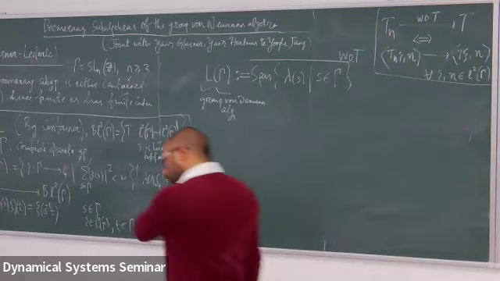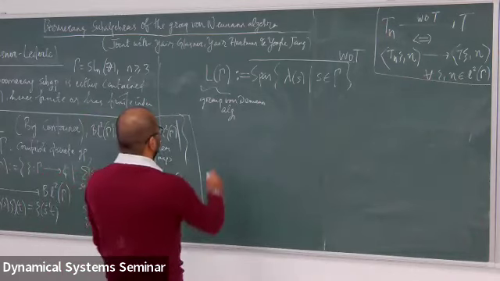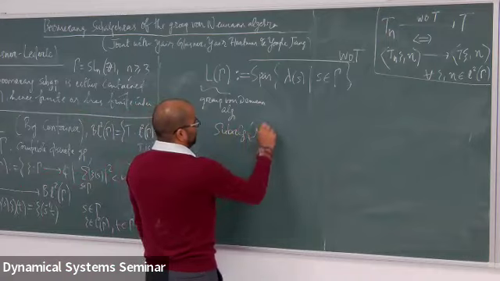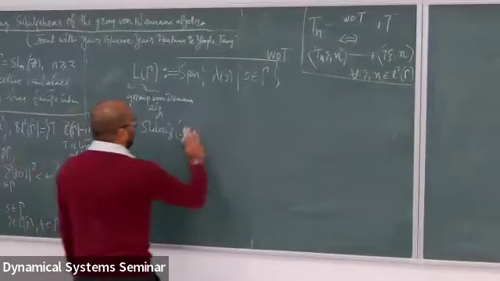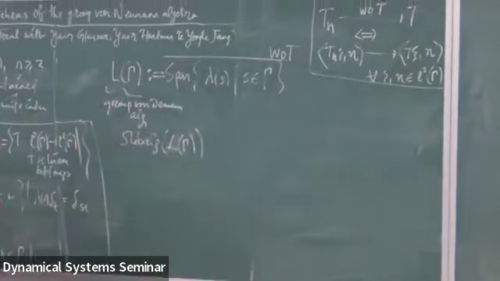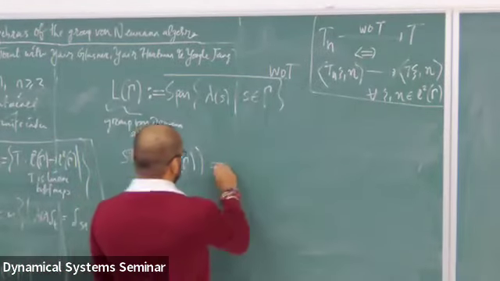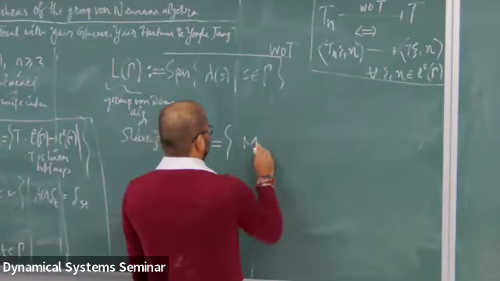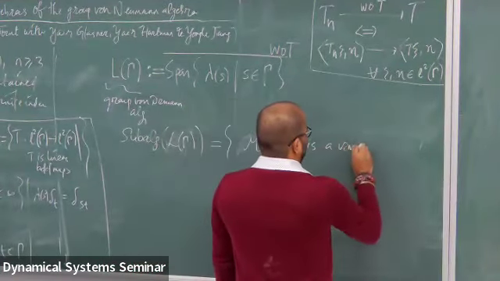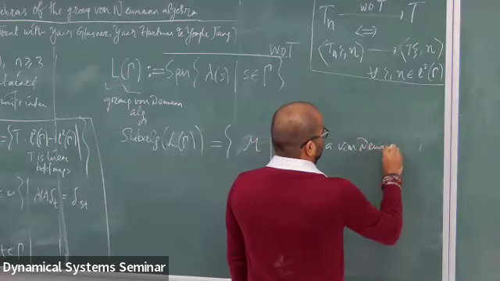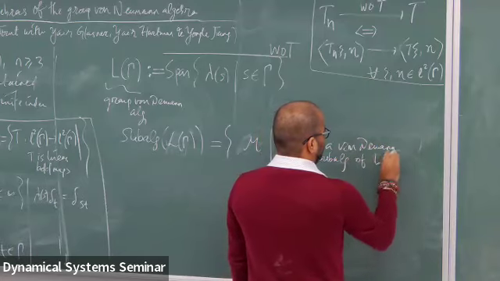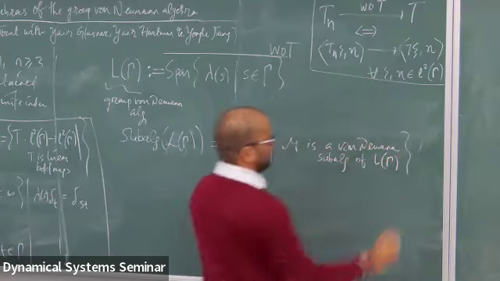Okay, so now we can look at the collection of all subalgebras of L Gamma. When I say subalgebras, I mean von Neumann subalgebras. So this is all those M which is a von Neumann subalgebra of L Gamma.